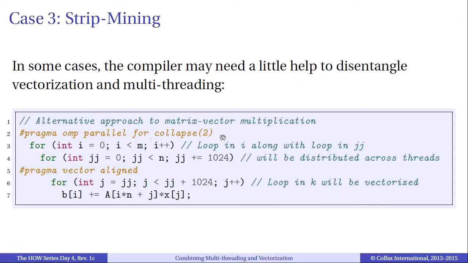So here you can see I'm using the clause collapse. It tells the OpenMP runtime that I want to parallelize not only this loop, but actually the Cartesian product of this iteration space of this loop and that iteration space of the second loop.